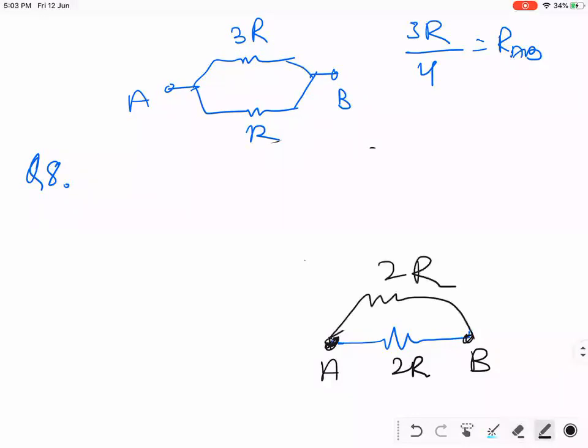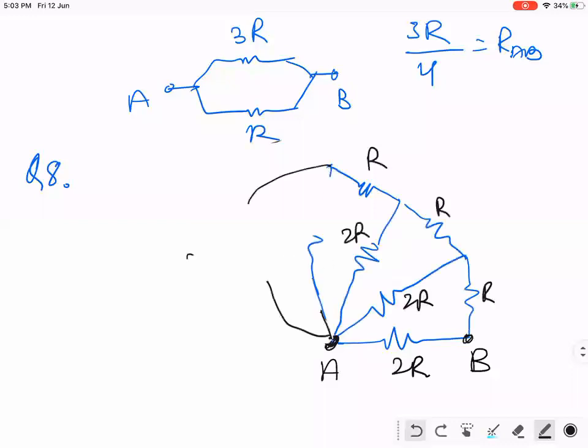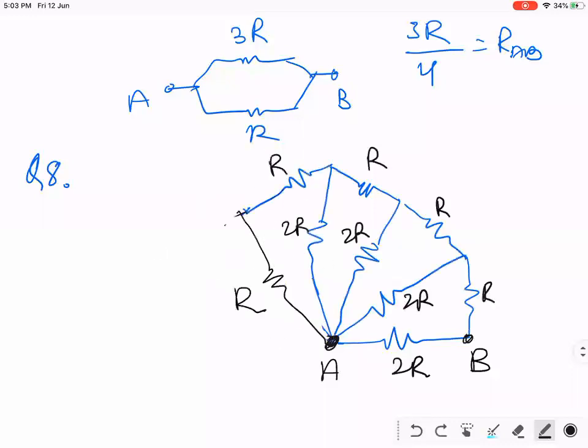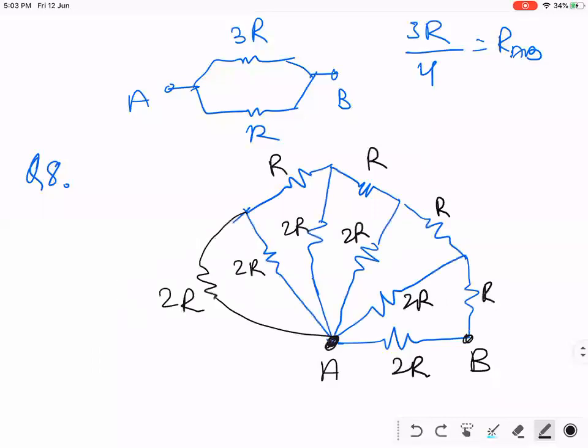This is 2R. So net resistance is R. Okay, happy? So how did we solve this question? We went as far as possible from AB. Let's watch our previous steps. See from which point we started solving this question.